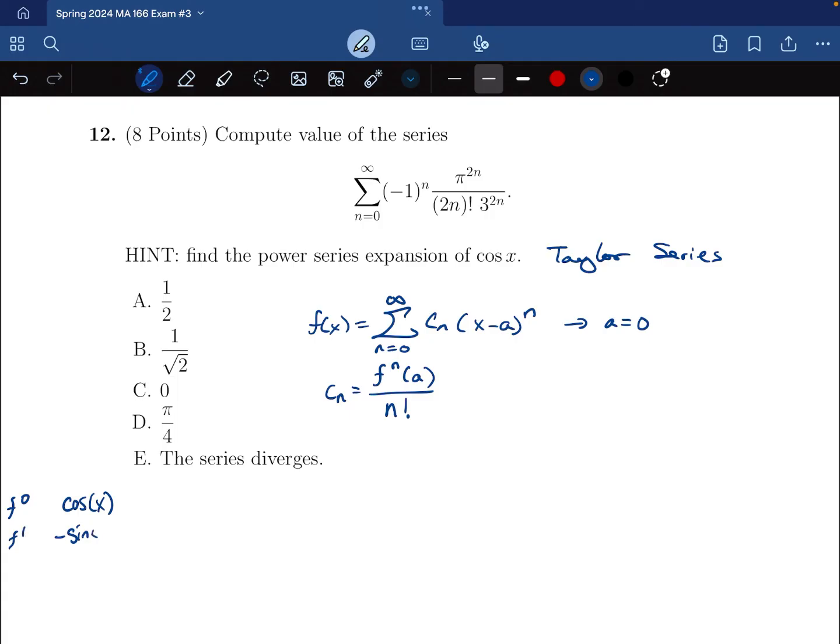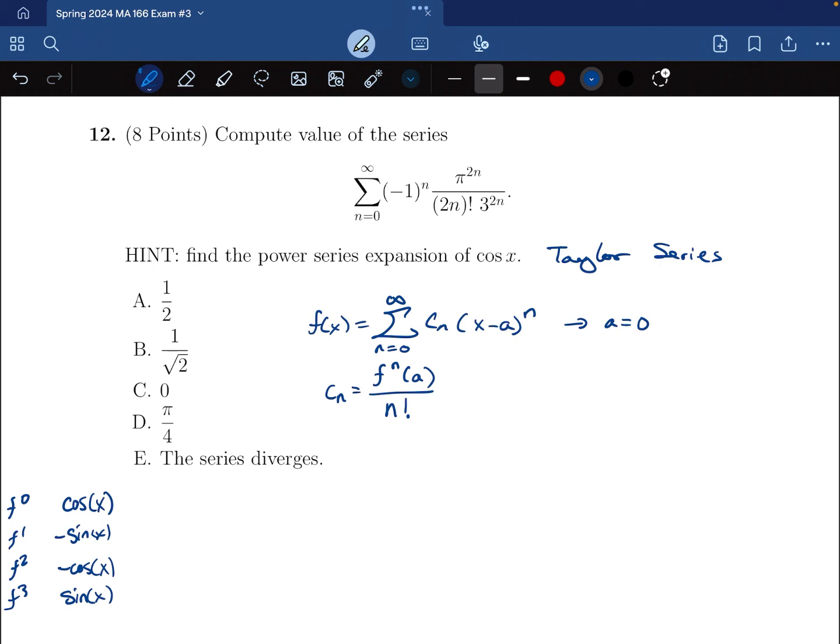f1 is negative sine x, f2 is negative cosine x, f3 is sine x. And then after that, it just loops back around, and f4 would be cosine x again. Okay, so why is this important? This is going to help us come up with a formula for Cn.